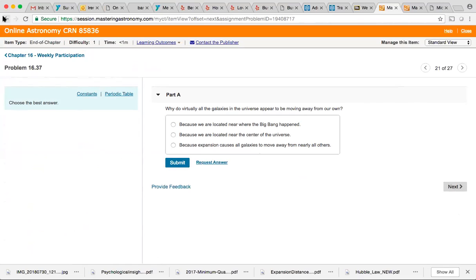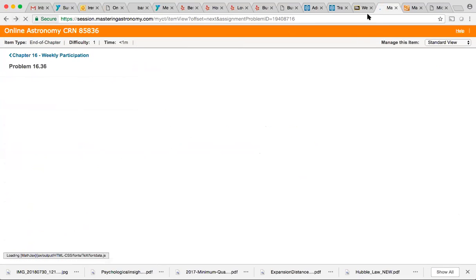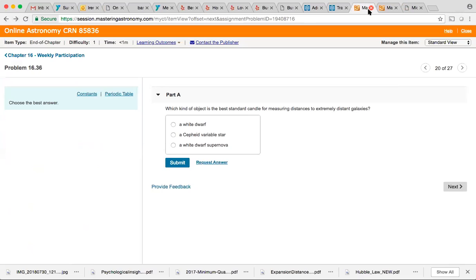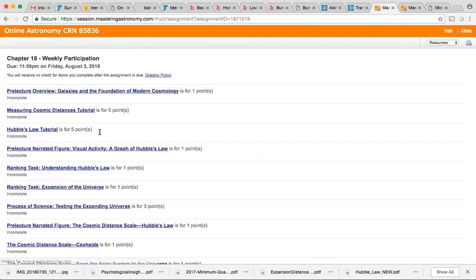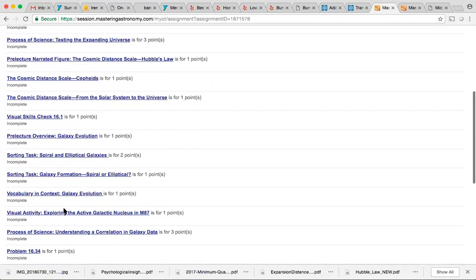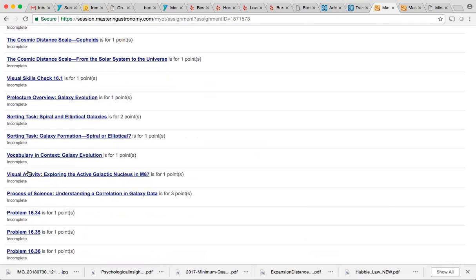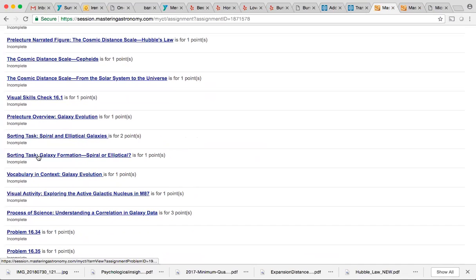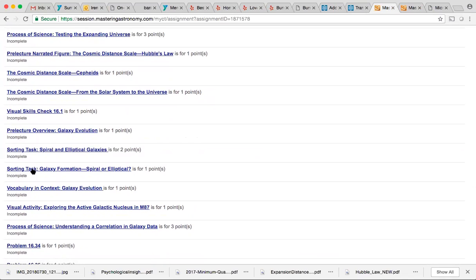But is it chapter 16 or 15? It's on chapter 16. It's probably one of the first problems on 16. Okay, let's see. I started with the first one, though. With the first problem. Okay. Is it maybe something else?